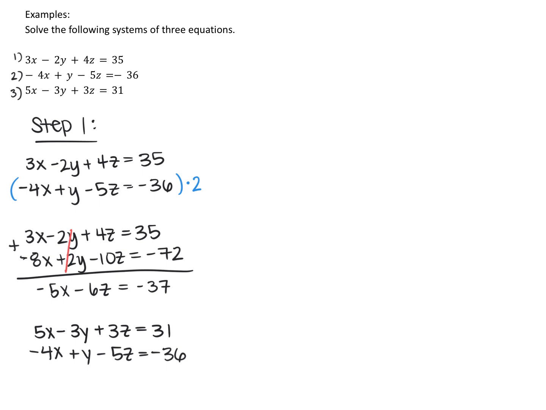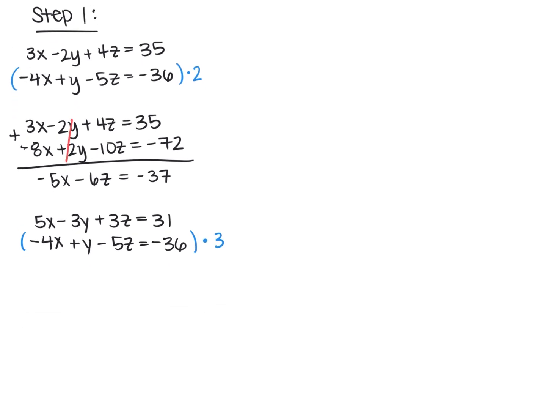Now I want to eliminate y a second time. So I'm going to be multiplying that second equation again, but this time I'm going to be multiplying it by 3. So we're going to get 5x minus 3y plus 3z equals 31.